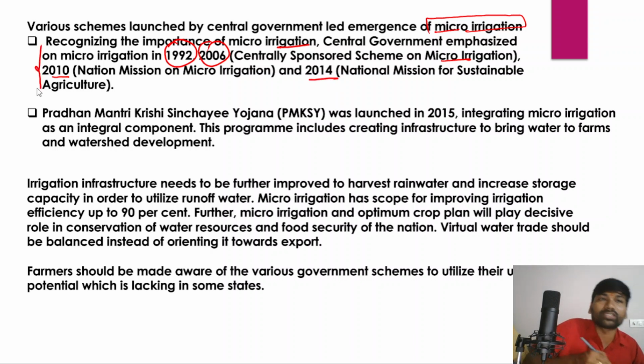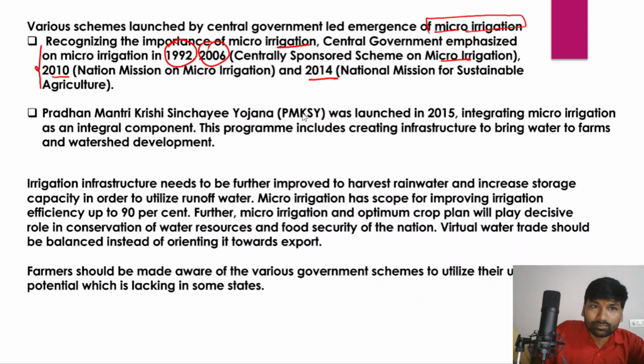So all these missions are being launched, and these missions aimed at the sustainable utilization of the existing scarce water resources in an efficient and effective manner, so that it could ensure both water security as well as food security and protect the country from the scarcity of the water resources.